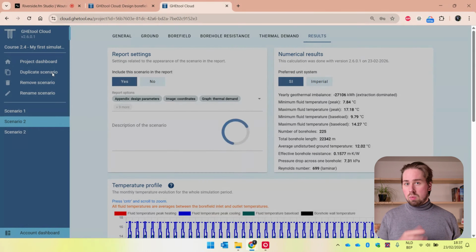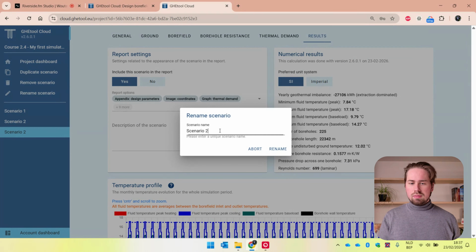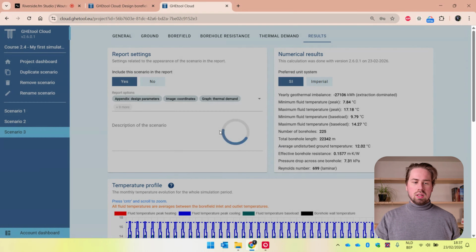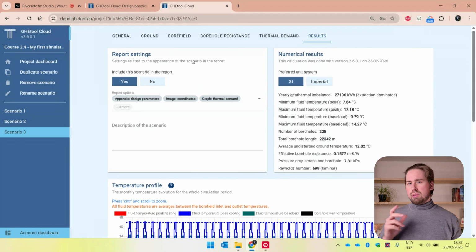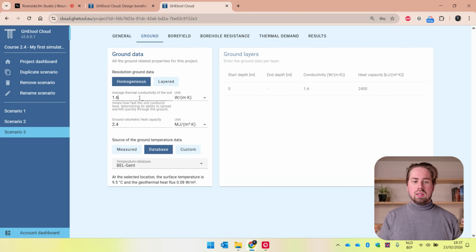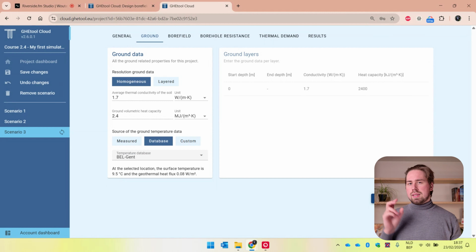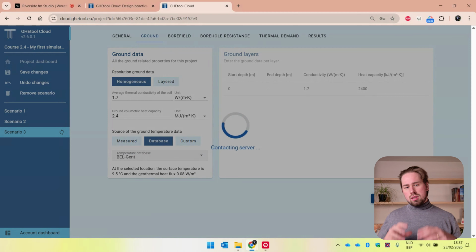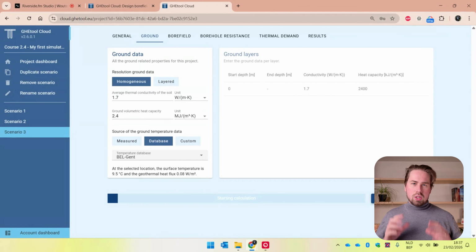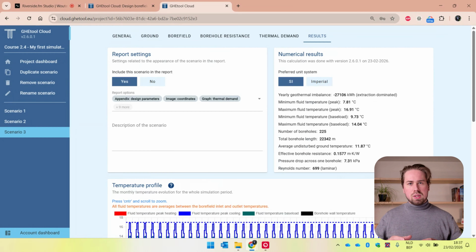But one thing we forgot, not accidentally, I should mention, is that we said, well, if we drill to only 100 meters, also our ground thermal conductivity was a little bit better. So it's now 1.7. And this illustrates that if you work with this homogeneous data, it's really important to keep track of your different depths, because if you change your depth, chances are your conductivity should change as well.